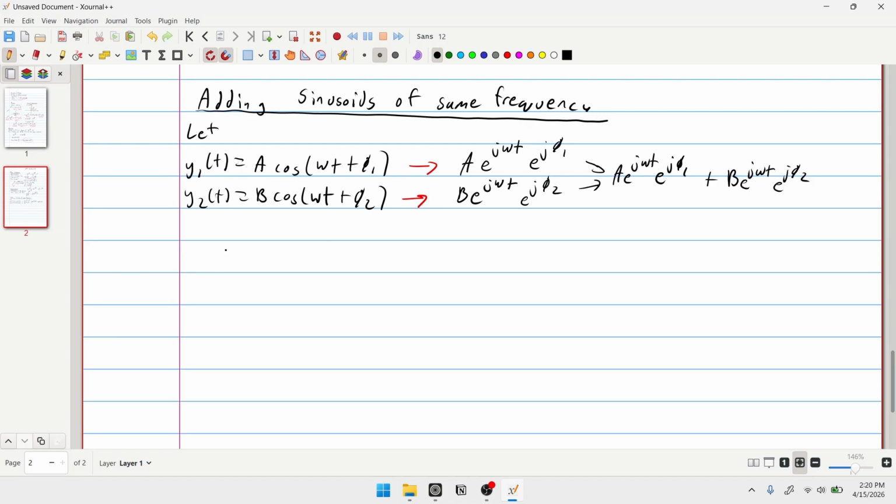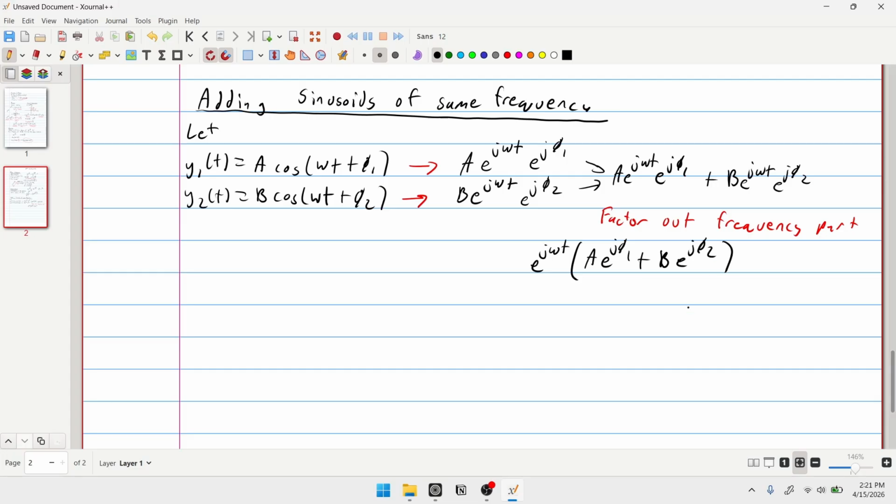All right. So basically what I'm trying to show you is, or hold on, let's get to it later. I'm going to factor out the frequency part. So when I do that, we're left with the frequency part on the outside, and the inside we have A e^(jφ1) plus B e^(jφ2).